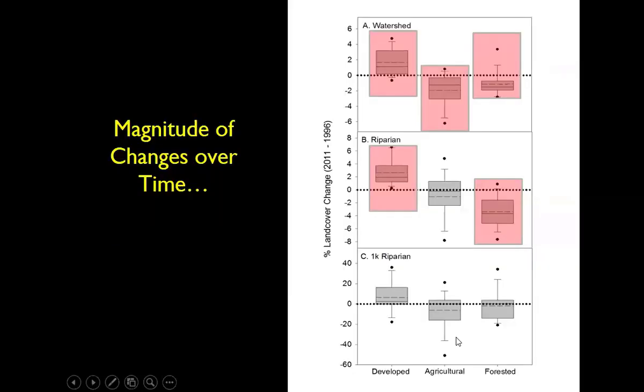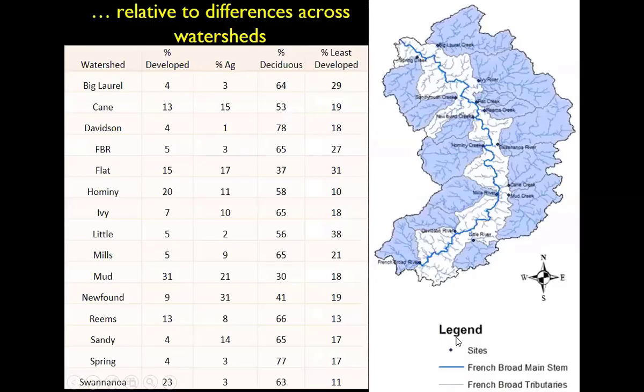So anyway, I just thought it's important to remember that we've seen changes on the order of 2% in land cover type from 1996 to 2011. But when we looked across these different watersheds, we see pretty huge differences, right? For percent developed, we have differences from 31 all the way down to 4, so 27% differences across watersheds.